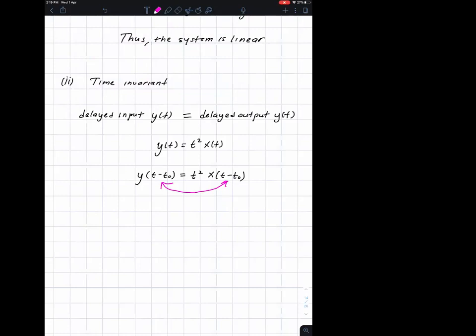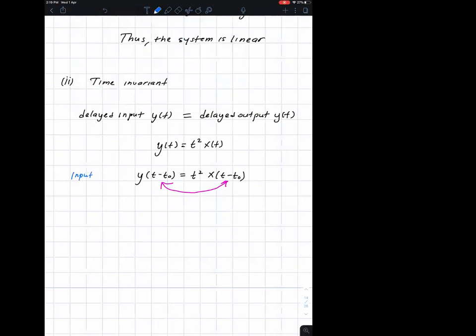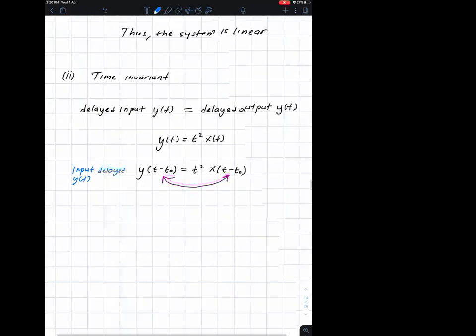So this is called input delayed y(t). Next, look at the output delayed y(t).